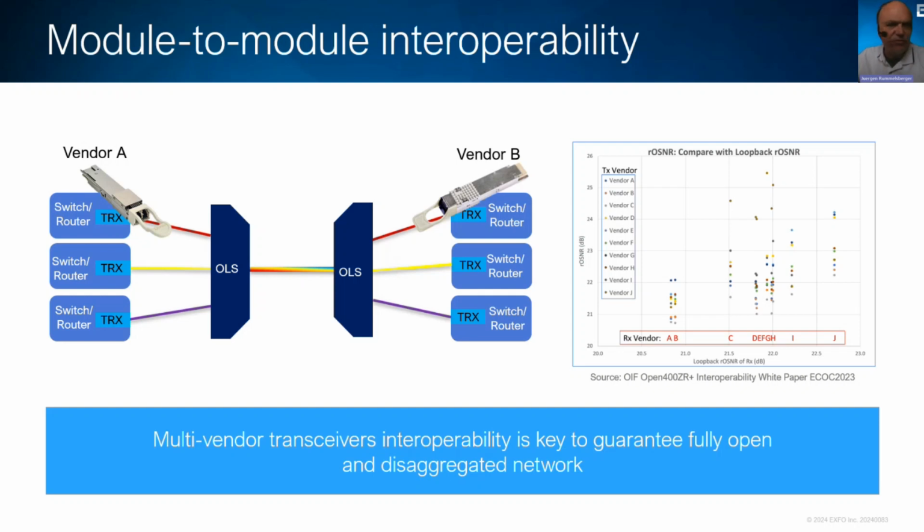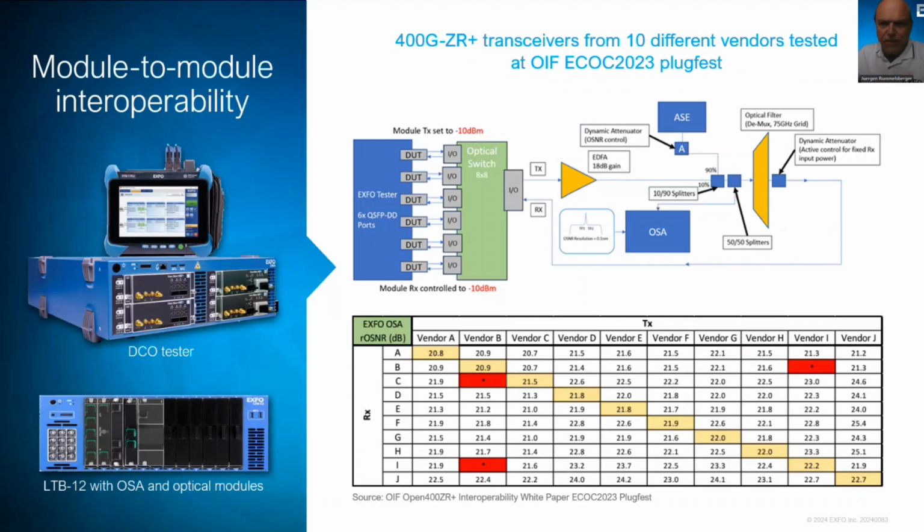Here, 10 different transceivers were cross-connected in a matrix of transmitter to receiver combinations. And the next slide then shows the corresponding measurement setup. So a noise-loaded link was used to characterize the penalties associated with the interop between the suppliers.